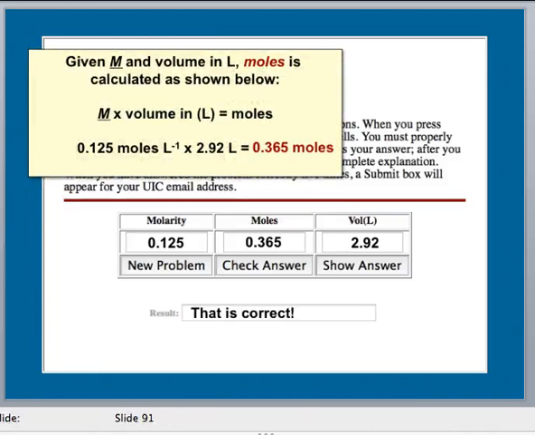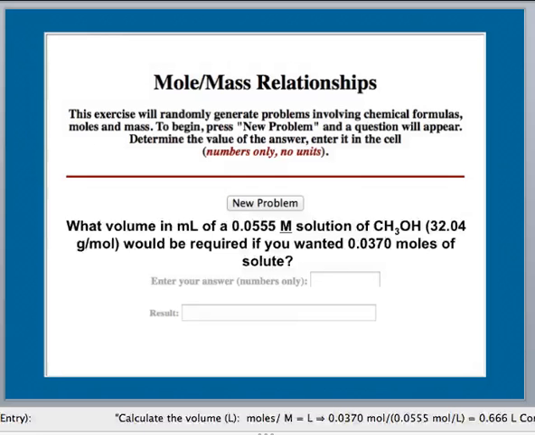answer. Now the second tutorial, to do with simple calculations, basically takes the same types of problems, except puts them into Word format, and then requires you typically to do some sort of a metric conversion. Here we're going to convert from liters to milliliters. We are given a concentration, 0.0555. Methanol is what we have, and we're looking for 0.037 moles of methanol.